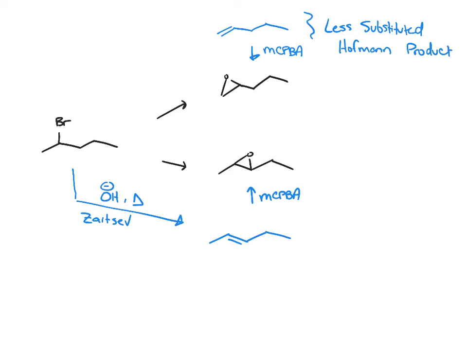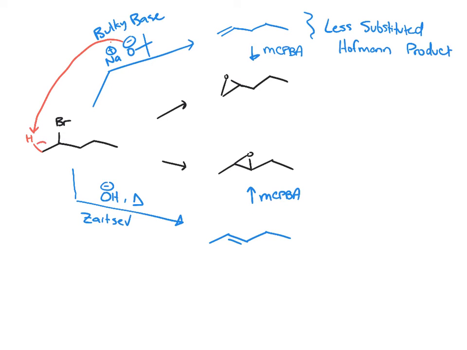So in Organic 1, we learned about the Hofmann elimination product. For that, you need a bulky base, and the most common is tert-butoxide. If I draw in one of the hydrogens here, that bulky base will eliminate there.